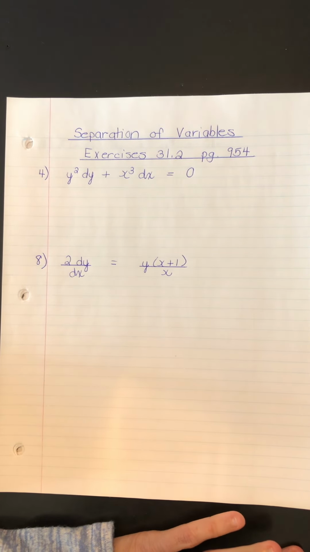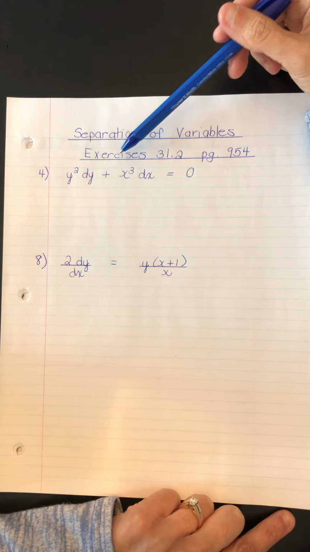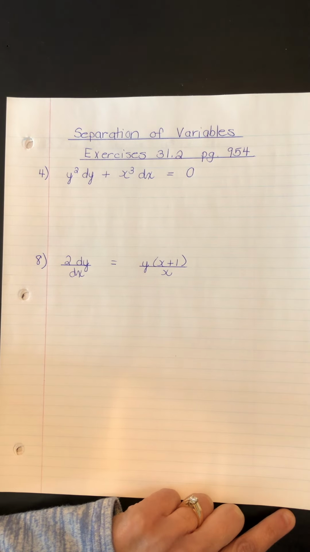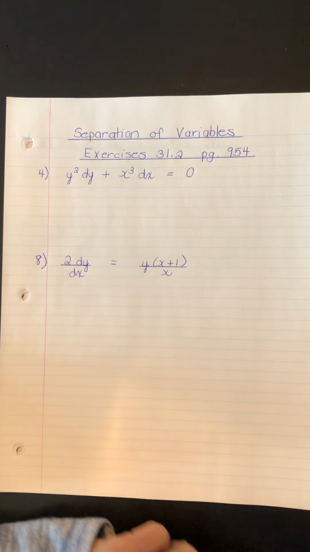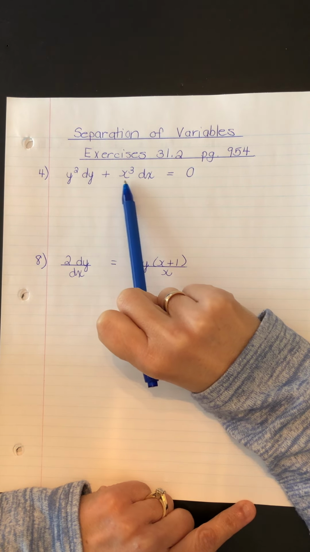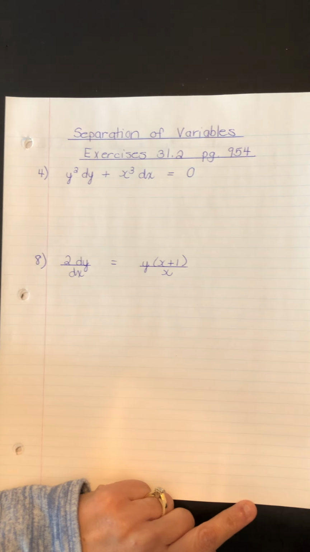Okay, so I'm going to go through some examples with you now. So I'm taking these examples right from your textbook. So this will be from exercises 31.2, which begin on page 954. So here we go. Here's question 4. y squared dy plus x cubed dx is equal to 0.